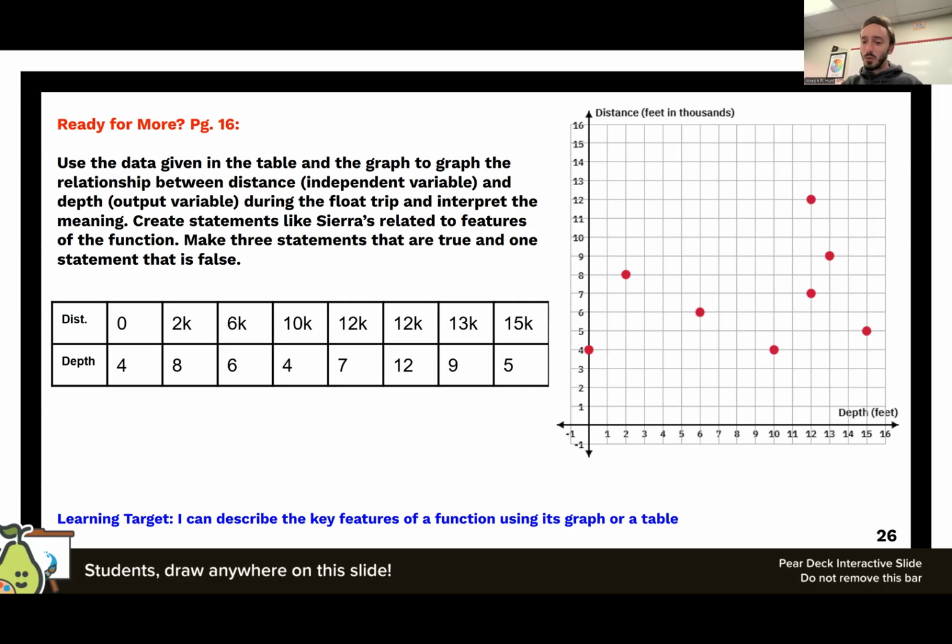If I look at a depth of 12 feet, I'm going to notice that that happens a couple of different times. There, I'm going to see that a depth of 12 has a distance of 7,000 feet, but also 12,000 feet. If I've got that repetition there, that means that this relationship as I graphed it is not necessarily a function relationship.